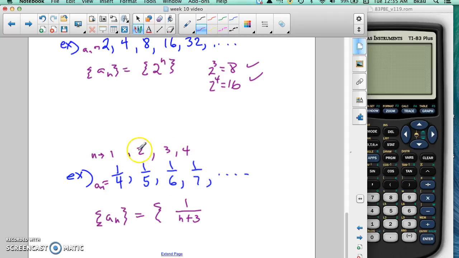So I'm going to write my formula as 1 over n plus 3. If we put 4 in there, we would get the right one. If we put 3 in there, we get 1 over 6. If we put 2 in there, we get 1 over 5. So it does check.